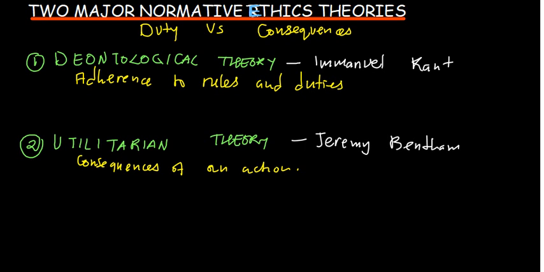If someone says don't steal, you don't steal regardless of the consequences. Even if you would be stealing to help someone, don't steal. Then you are deontologically upright. You don't care about anything else, all you care about is the rules and the duty. What is your duty in that circumstance?